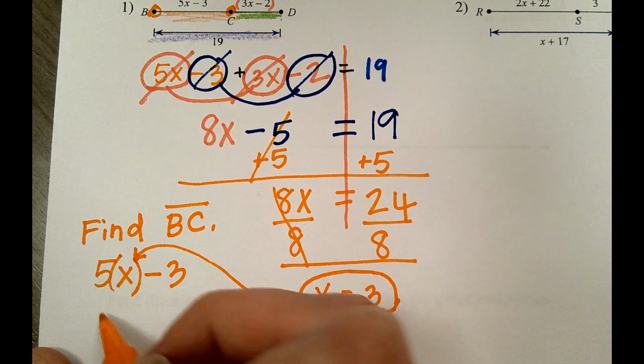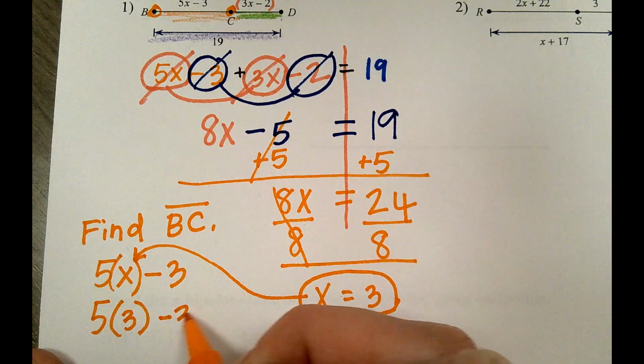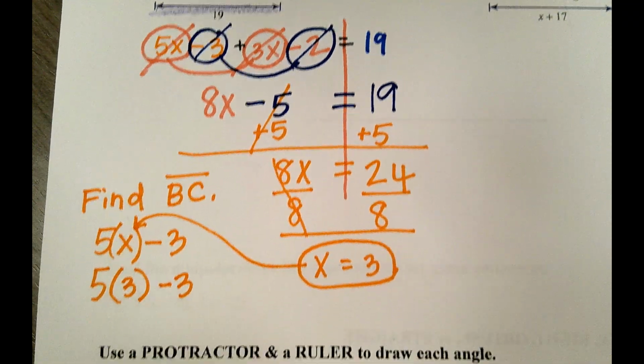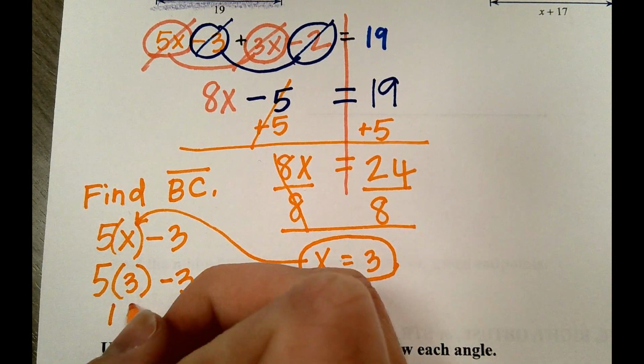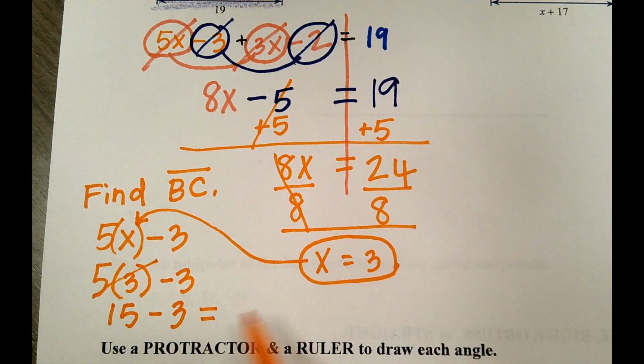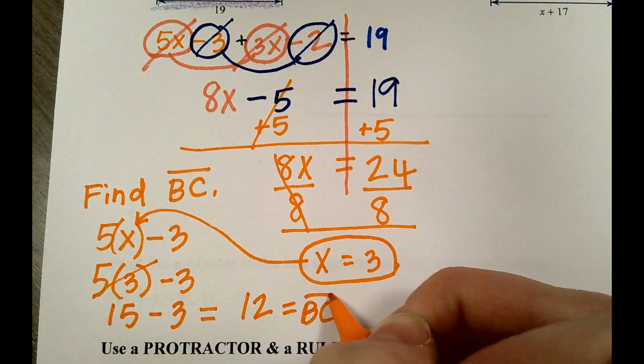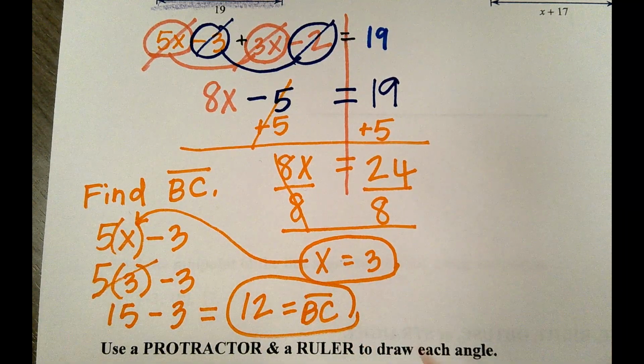We'll have 5 times 3, which is 15, minus 3, which is 12. Beautiful. So we have x and we found BC. Good job, guys. Very nice.